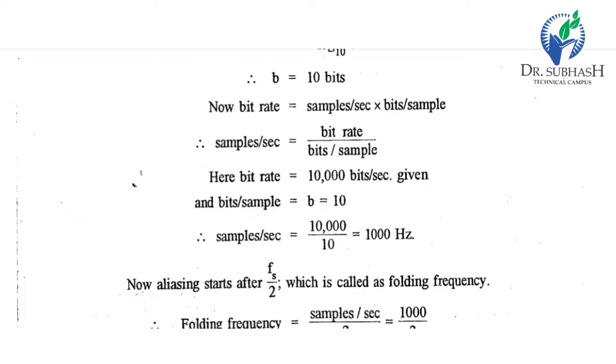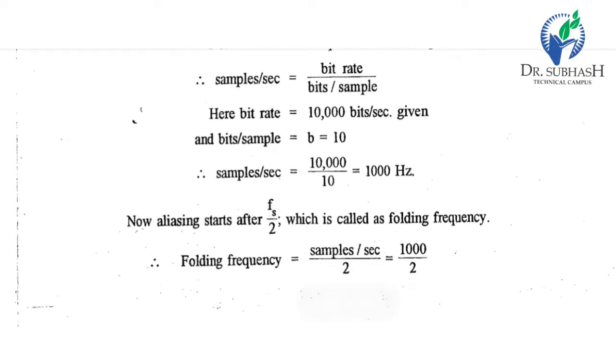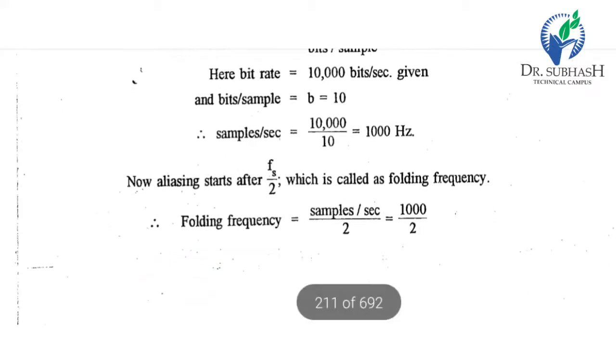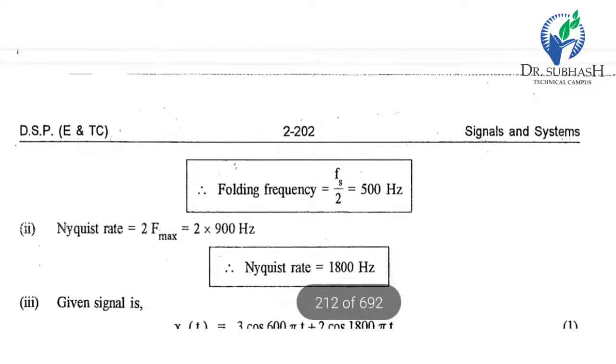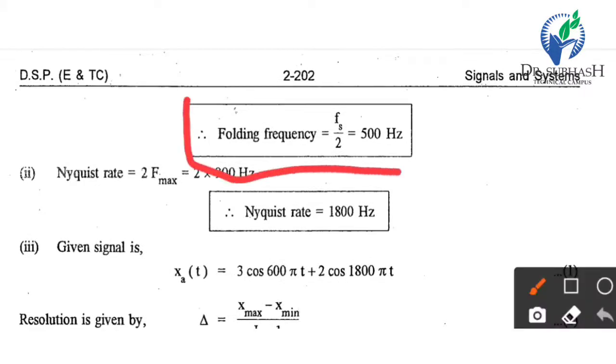Now aliasing starts after fs by 2, which is called the folding frequency. So folding frequency equal to samples per second divided by 2, that is 1000 by 2, so folding frequency fs by 2 equal to 500 Hz.